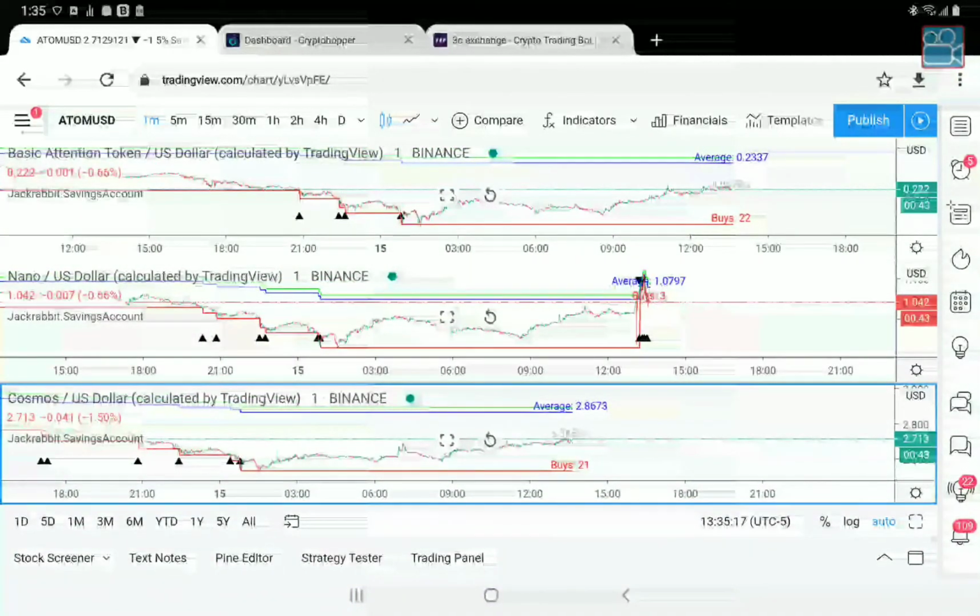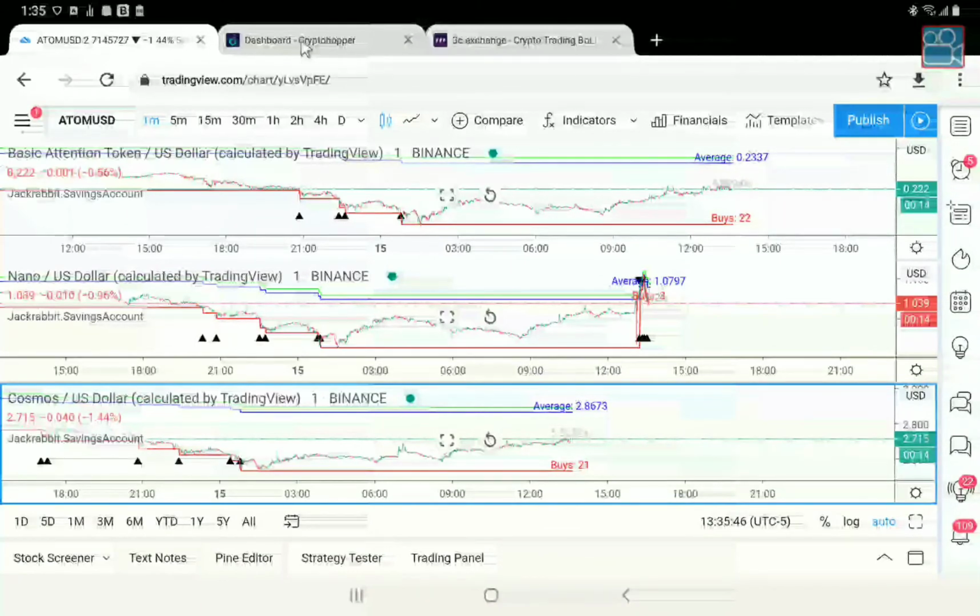I've got one bot running on Crypto Hopper that's running a whole bunch of coins, including 3 high-risk coins. I've also got a real money bot on Crypto Hopper running these 3 coins, with Atom being added just this morning.